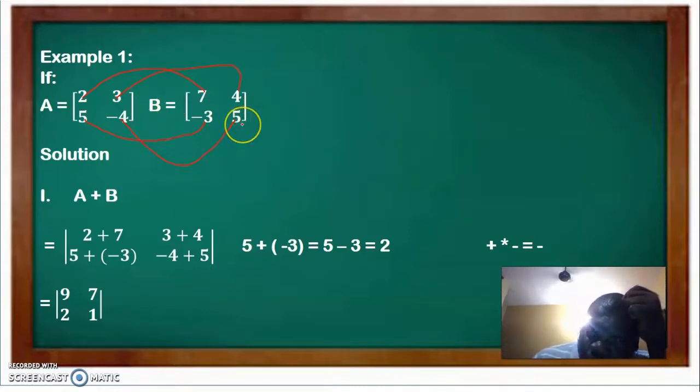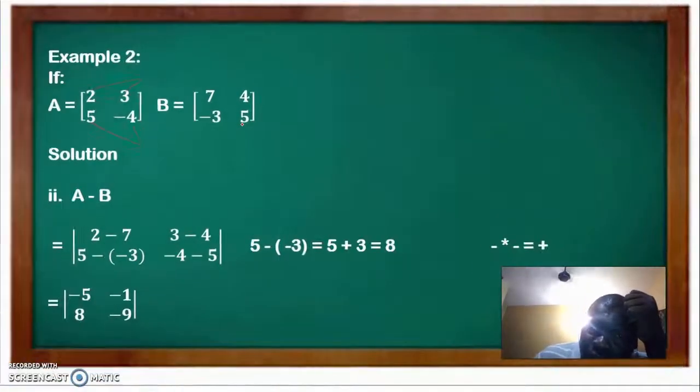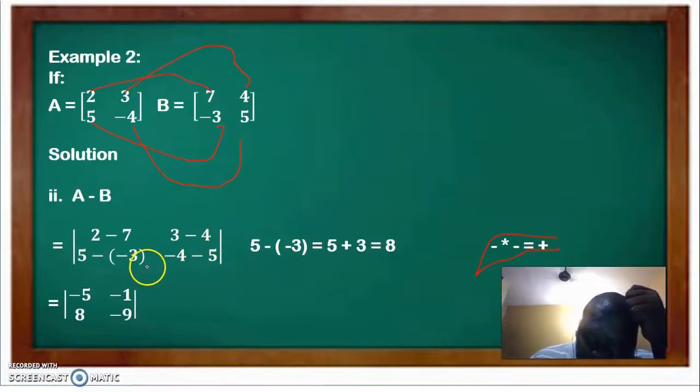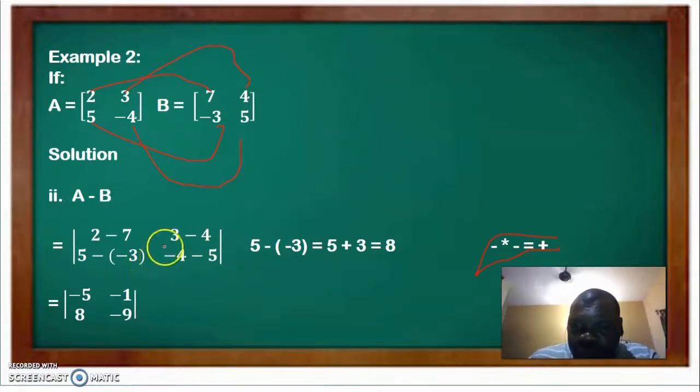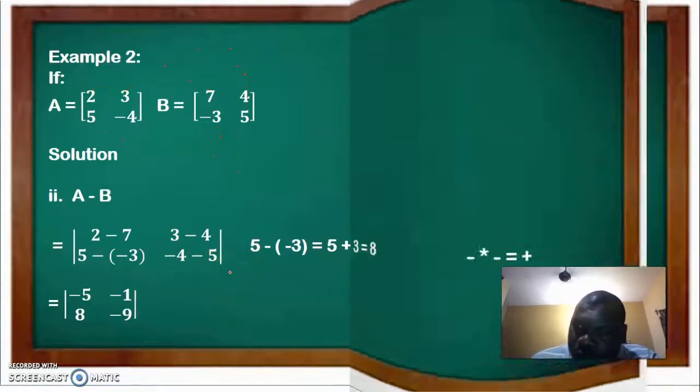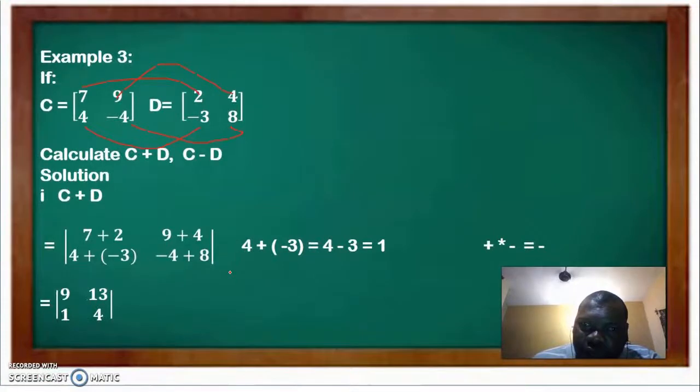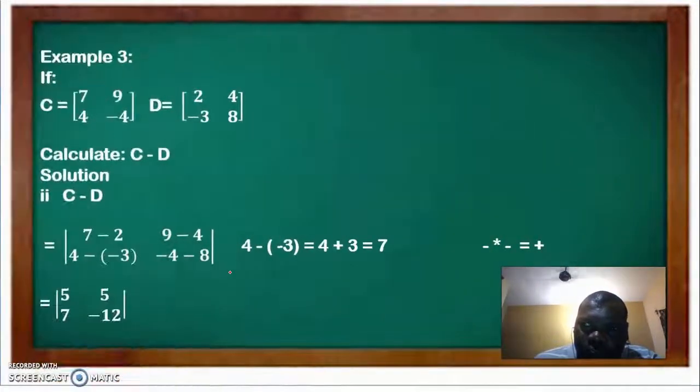This is how you solve it. For the other example, you can see it here: 2 minus 7, 3 minus 4, 5 minus minus 3, then minus 4 minus 5. The calculation is there. You can just watch the video once more in order to understand the topic.